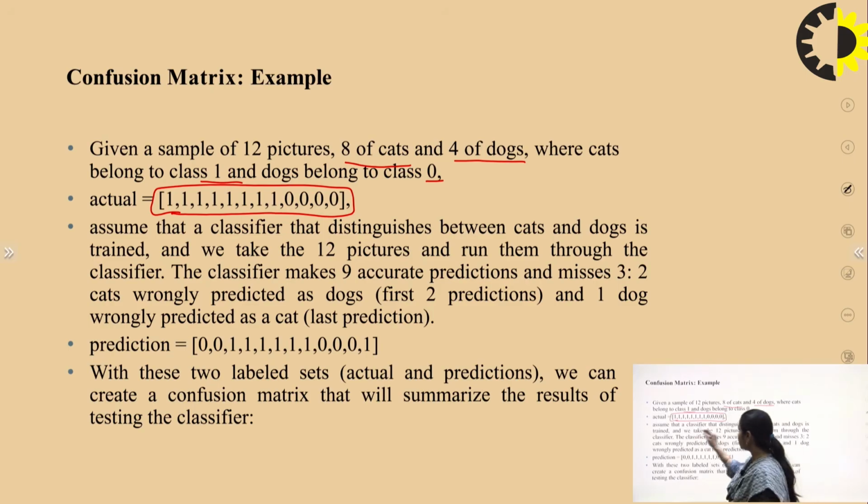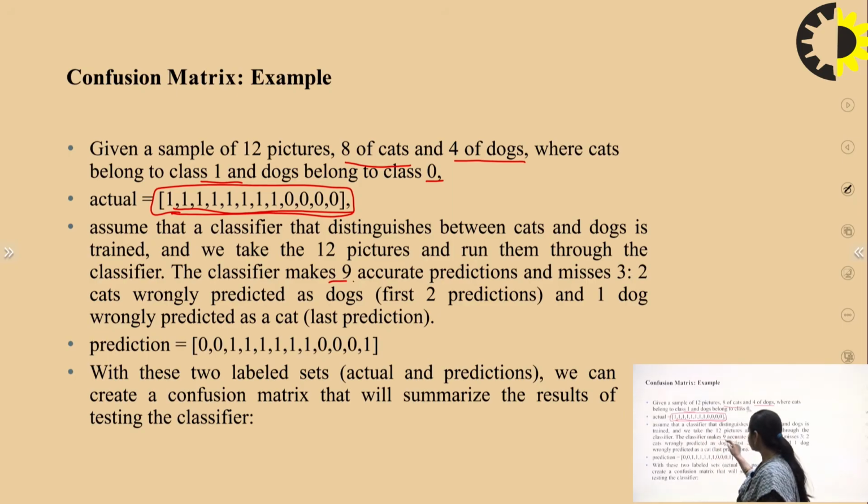Assume that a classifier that distinguishes between cats and dogs is being trained, and we take 12 pictures and run them through the classifier. The task of the classifier is that the 12 pictures should match the actual values.